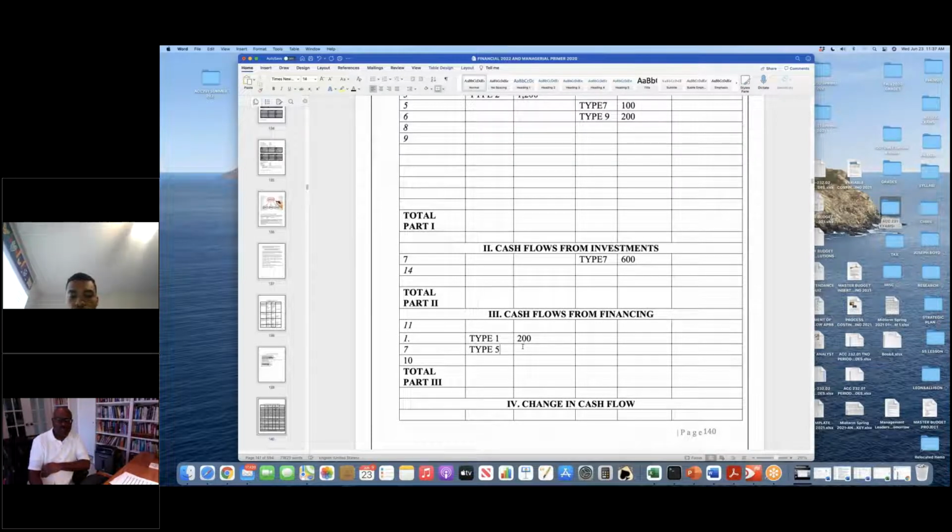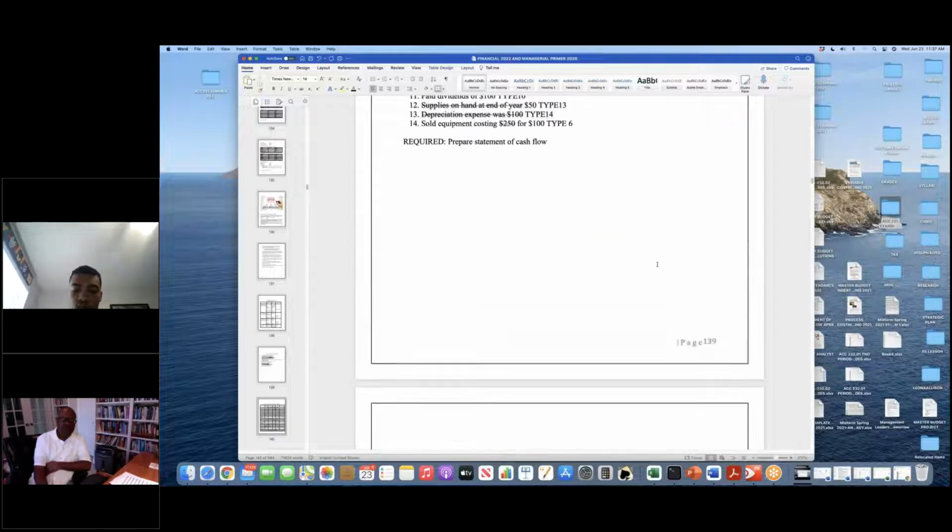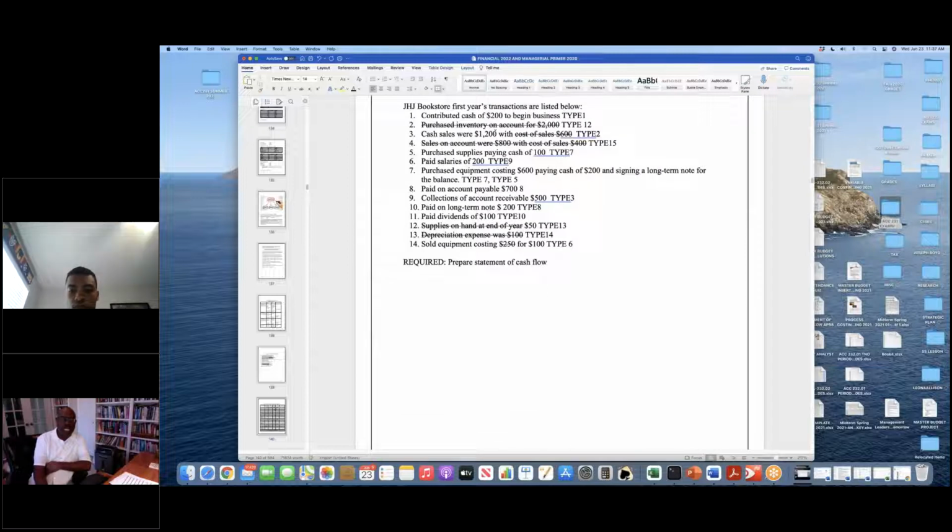So the reason that we treat it this way is, number one, yeah, we paid cash of 200, but the asset cost 600. That's more useful information. Then it's also useful to know that you've got to pay back the 400. So we still net the 200, but we're going to put the full cost of 600 in terms of what the item costs. And then we're going to show the difference between the down payment and the type 5 where we borrowed money.